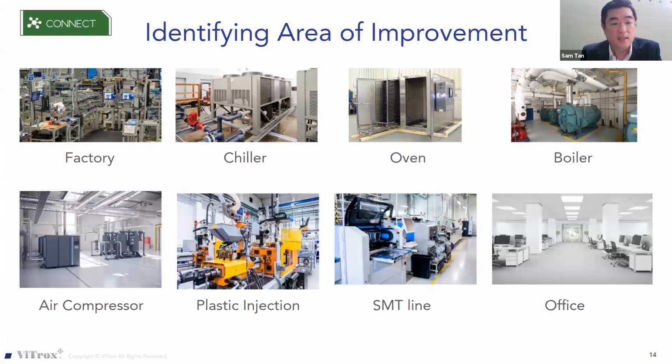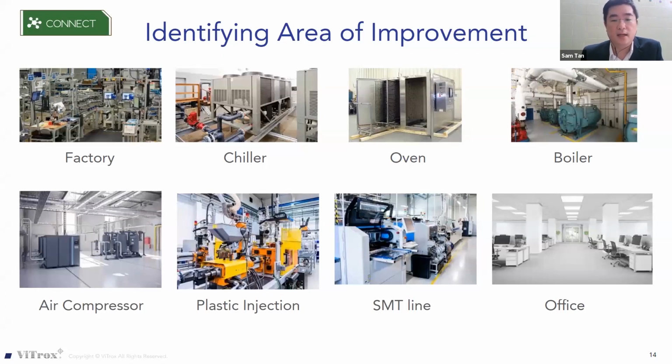For beginners, I believe many of you will ask, where should I start? The investment is huge. I don't know where to start. What should I do? If you are not sure which area to start with, I suggest you start at the main incoming from TNB and evaluate your usage with it.